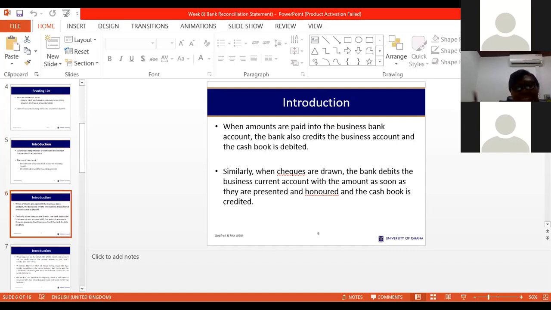When Susie sends that check to the bank, the account of the business will be debited, and Susie's account will be credited. So anytime checks are drawn, the bank account of the business will be debited, whilst here we are crediting the cash book in the books of the business.